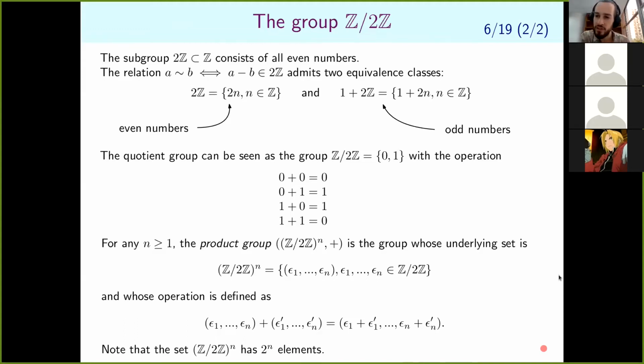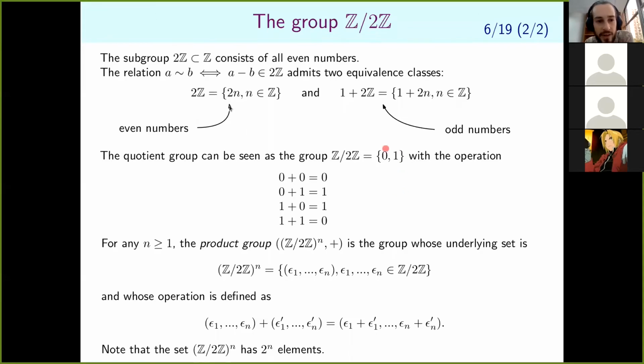Can you tell me in the chat if this is something new for you? Have you ever seen the group Z over 2Z before? Seems like it's new for some of you.